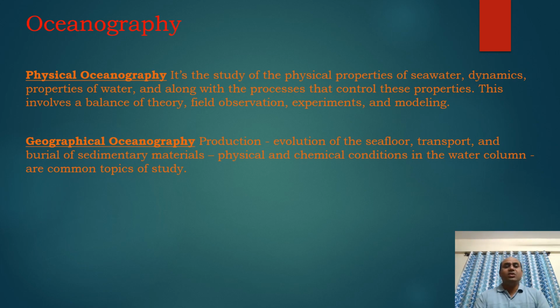It is the study of the physical properties of sea water, the dynamic properties of water, along with the processes that control these properties. This involves a balance of theory, field observation, experiments, and modeling developed for the different types of physical oceanography.